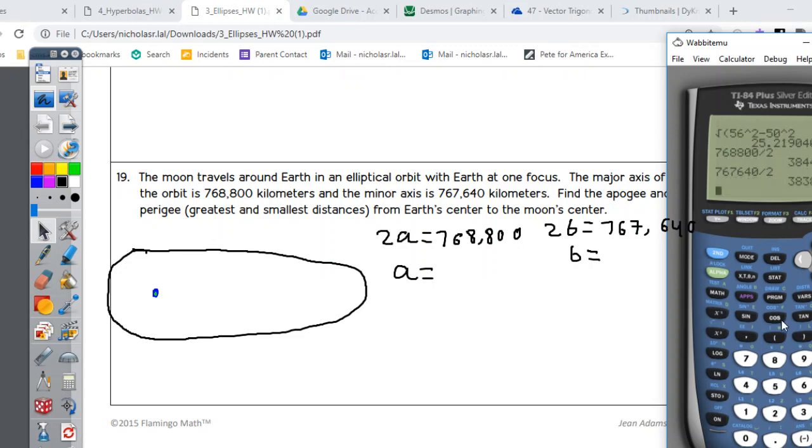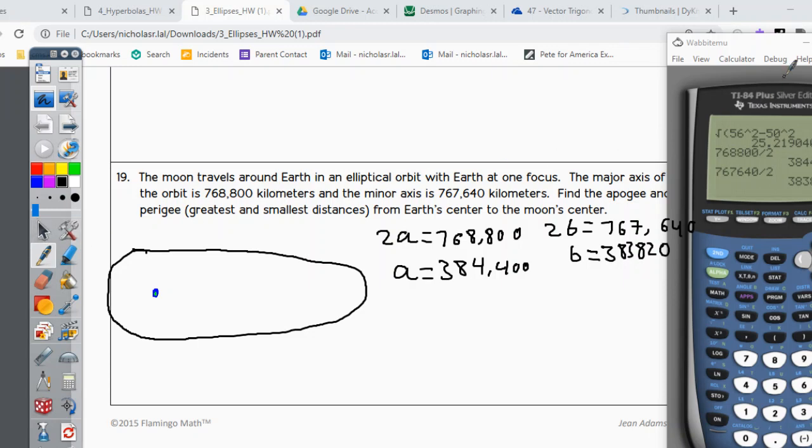So that's 384,400 and 383,820. Okay, so that's A and that's B.